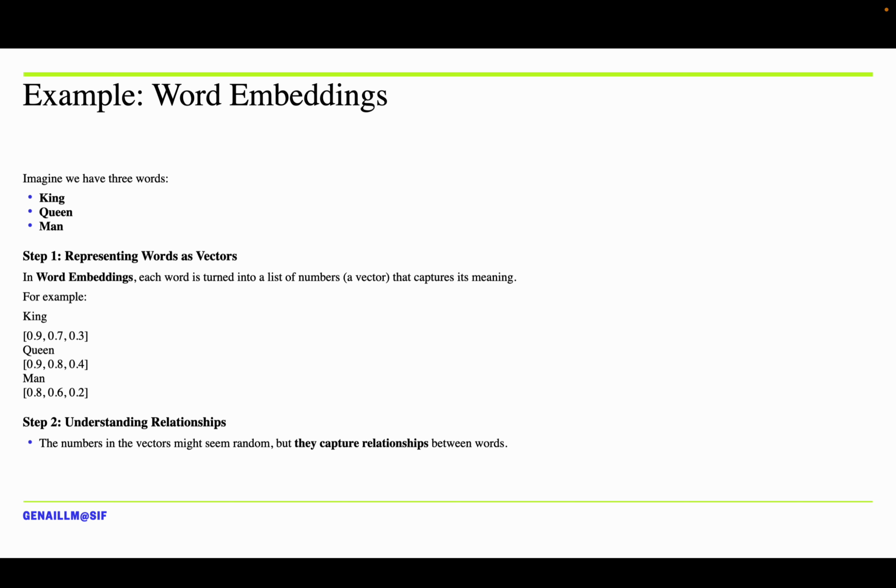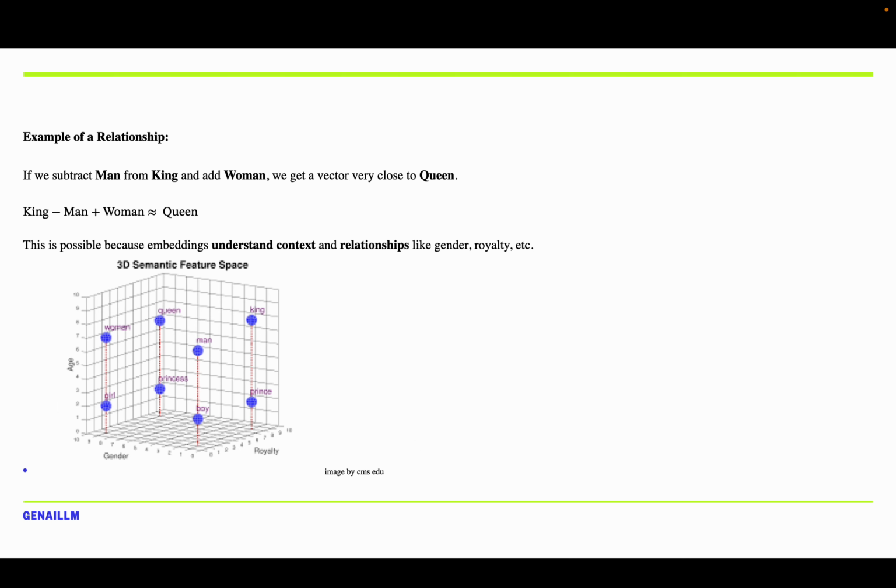The numbers in the vectors might seem random, but they capture certain relationships. You can see that king and queen are closer to each other than queen and man, because king and queen both show the characteristics of royalty, whereas man does not show the royalty feature. If we subtract man from king and add woman, we get a vector that is very close to queen. King minus man plus woman gives us the value of queen.